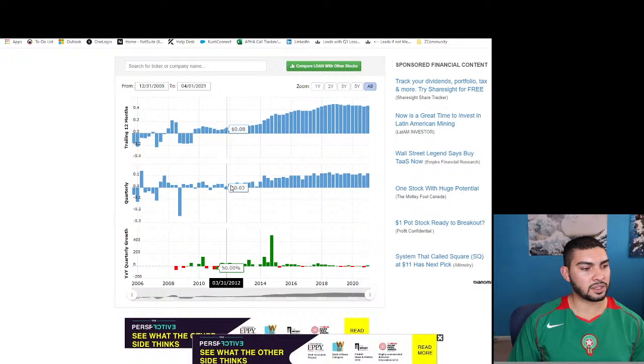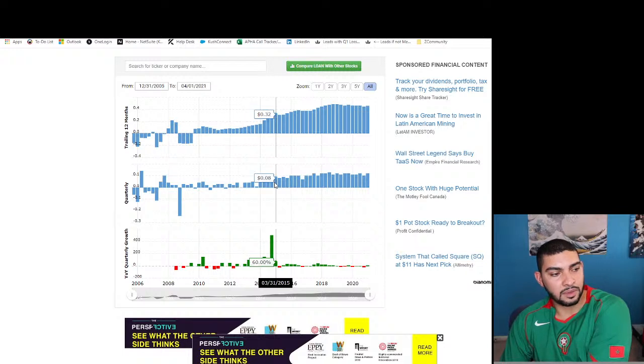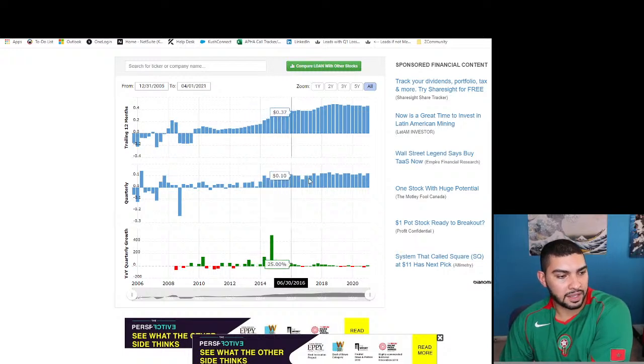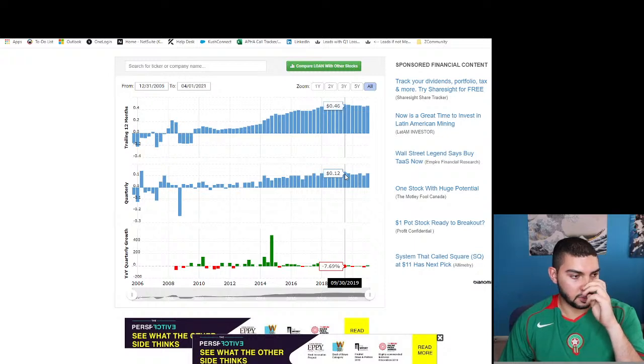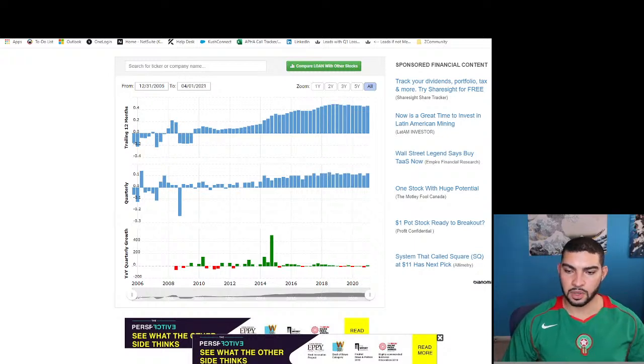Otherwise, it's kind of just been going up and down. But ever since 2013, you can tell that the company's been getting a little profitable, much more profitable than the past couple of years, and it's kind of been increasing in that nature. So, you know what? That's something we could potentially look into. LOAN. So we'll put a yes for that.